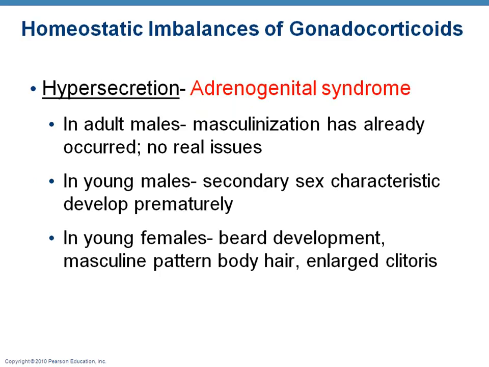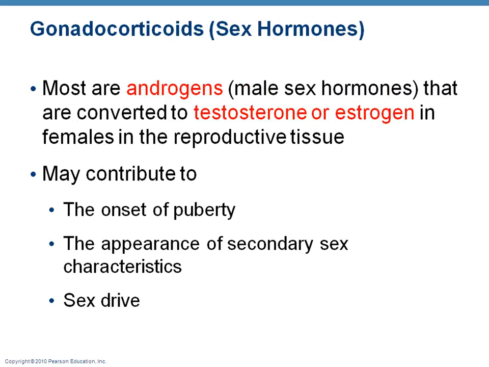So basically what's going to happen is these gonadocorticoids are going to be released from the adrenal cortex, and they are going to trigger your reproductive tissue to the onset of puberty and these secondary sexual characteristics. Once the testes in the male and the ovaries in the female start producing their own testosterone and estrogen, then this is still produced, but it's not the primary source of your sex hormones.